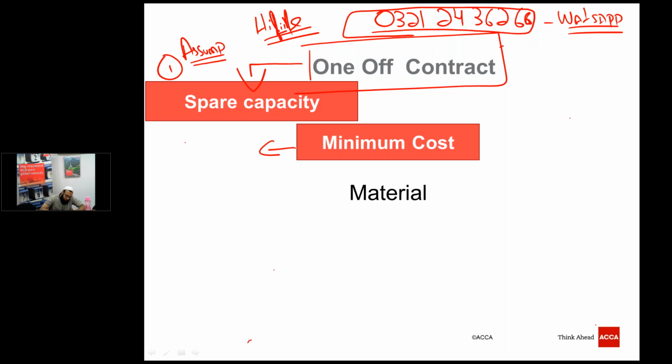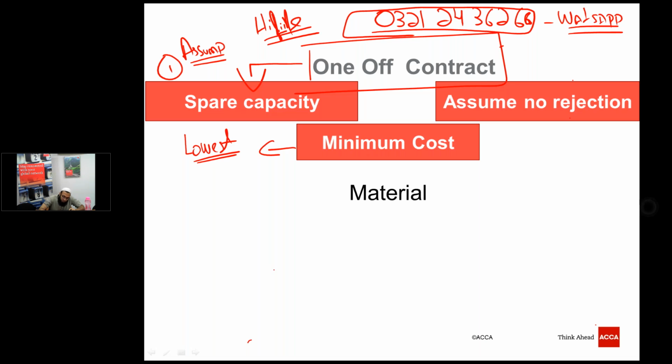By using the relevant cost principles, it provides the minimum, lowest cost. Once people submit their answers, I'll explain what the lowest cost is on the group. Number three, you need to assume that while costing for a one-off contract, it will not be rejected.